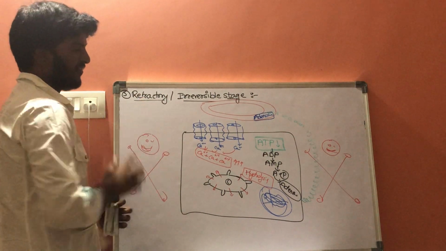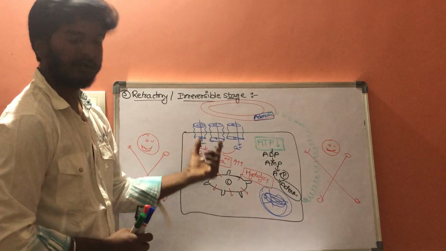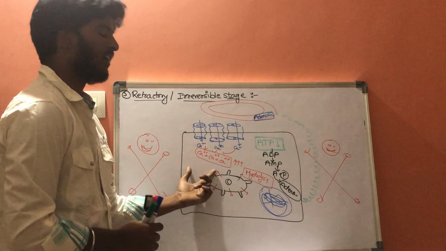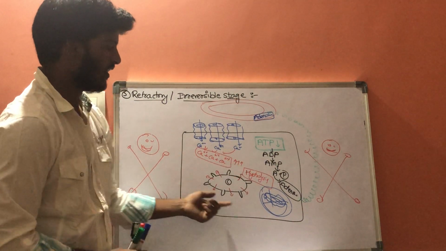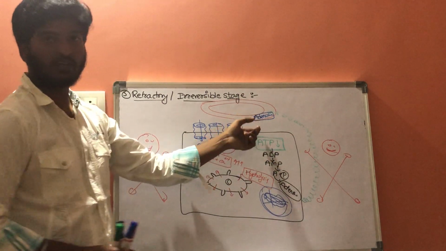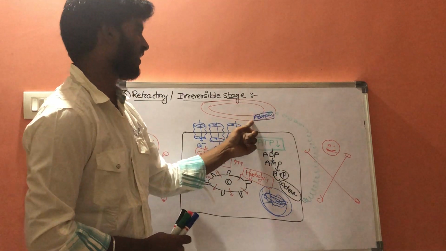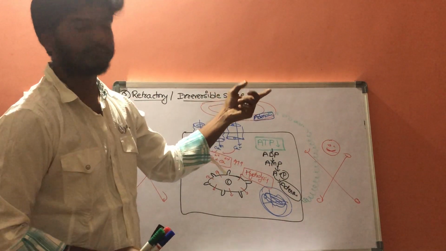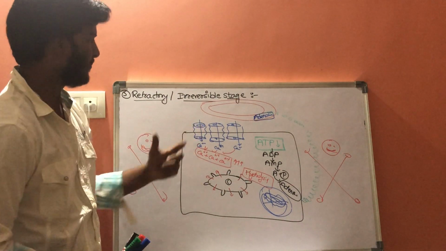These are the characteristic features of the irreversible stage: depletion of ATP, more influx of calcium ions, lysosomal enzyme digestion and hydrolysis, and adenosine reaching the circulatory fluid, which cannot undergo further processing. In this way it undergoes the death process.